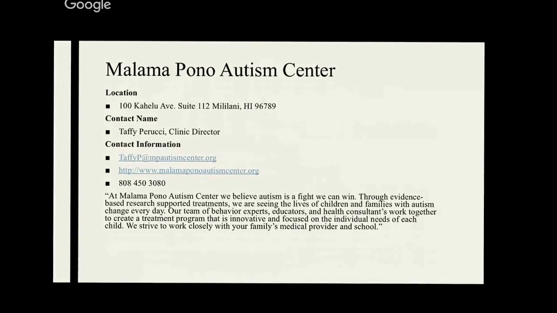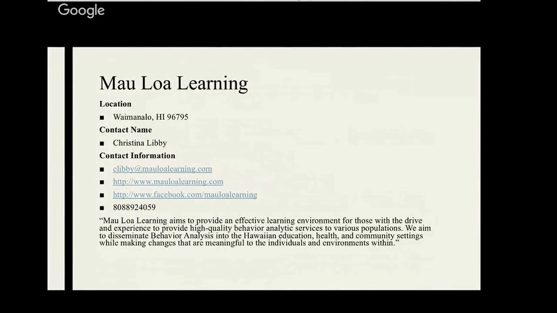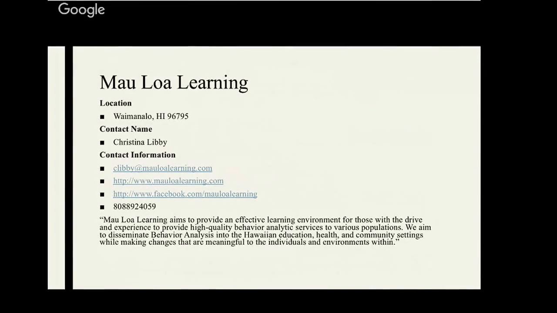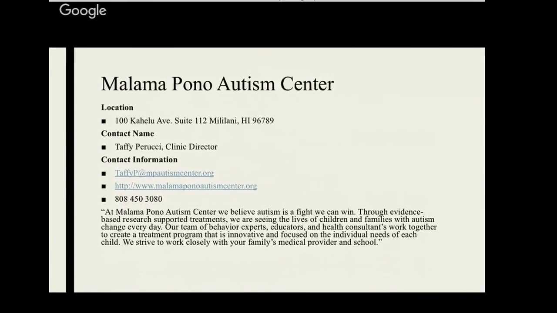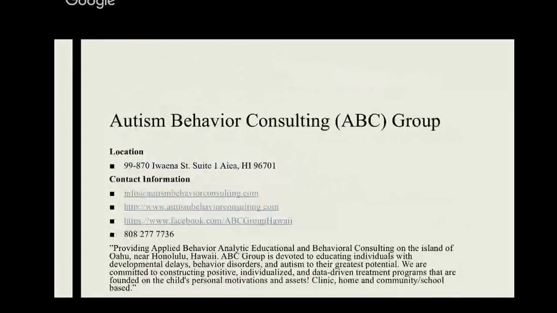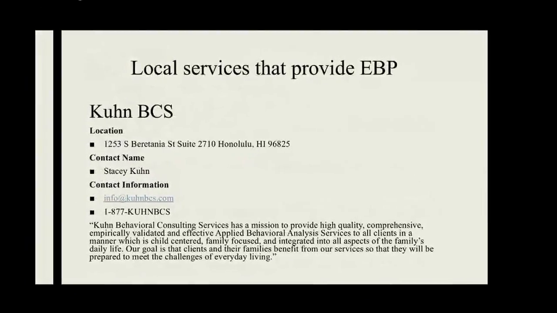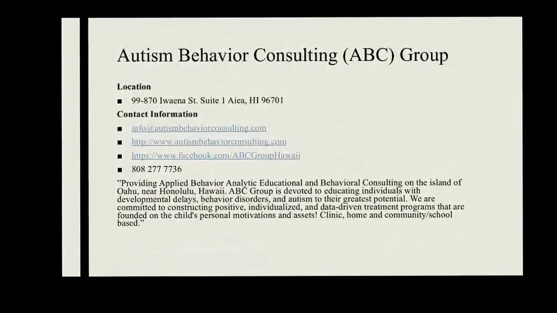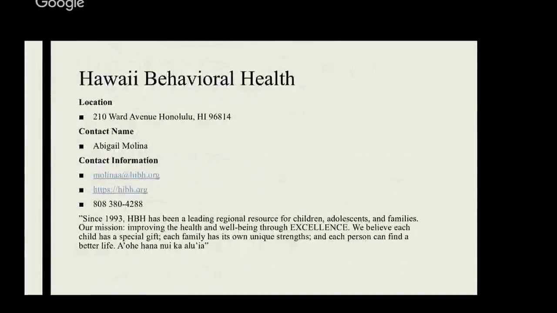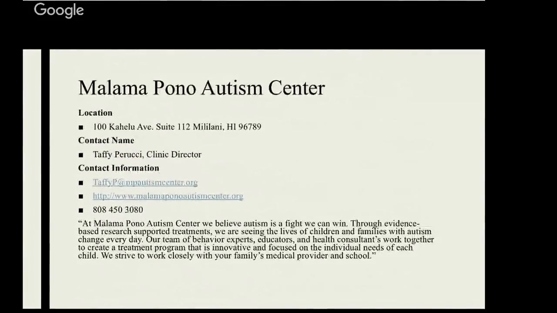As you can see, I think I provided a list of 7 here. Pretty good list. We do have some like Kuhn Behavioral Consulting Services up here, back to the top. They do in-home services. I believe ABC does as well. Hawaii Behavioral Health is in-home services.